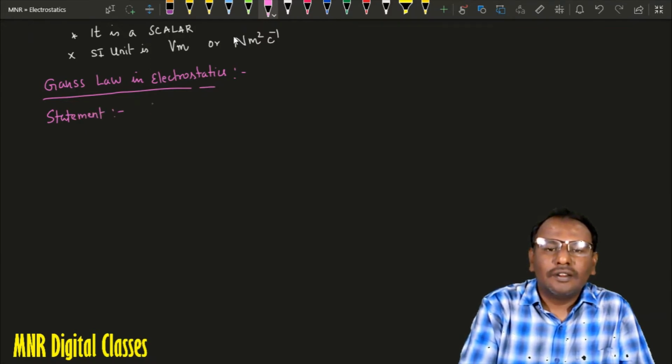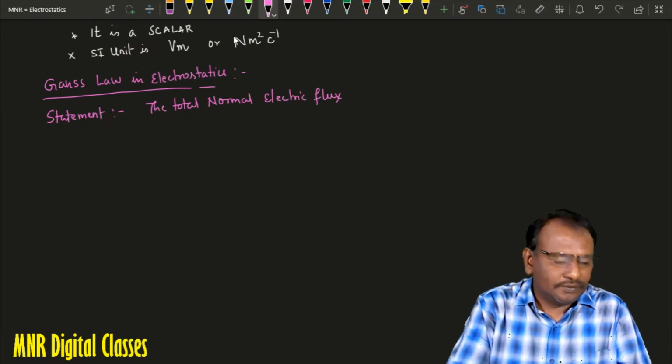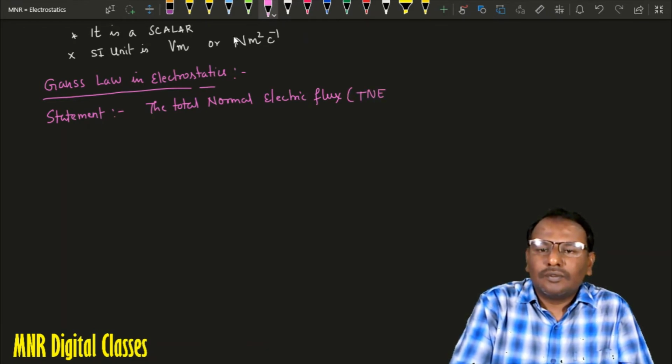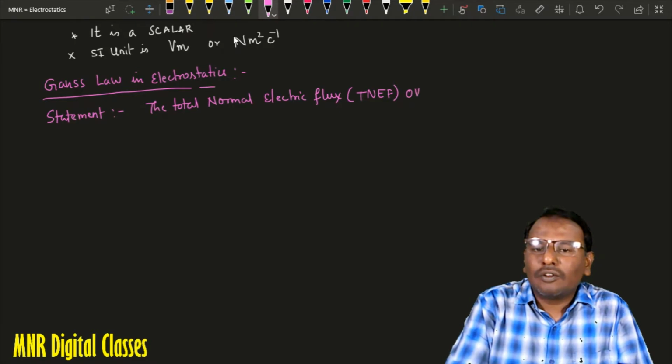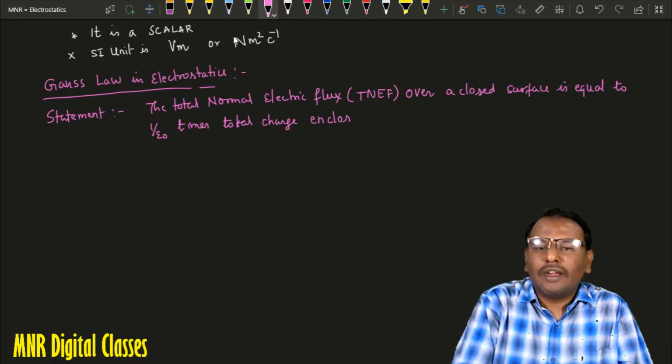It states that the total normal electric flux over a closed surface is equal to 1 over epsilon naught times the total charge enclosed by that surface.